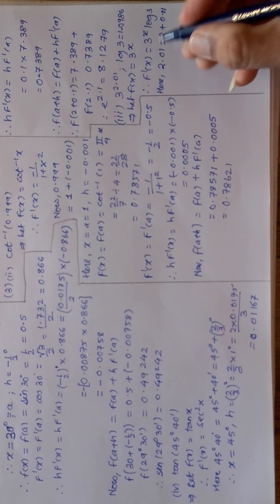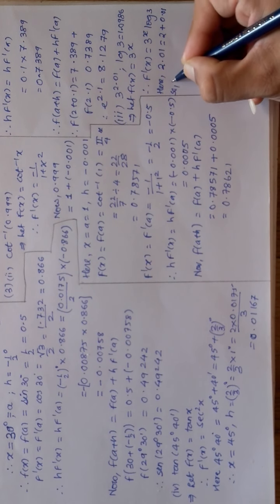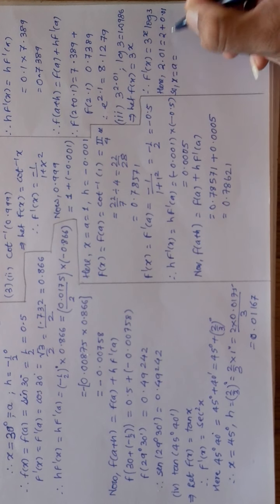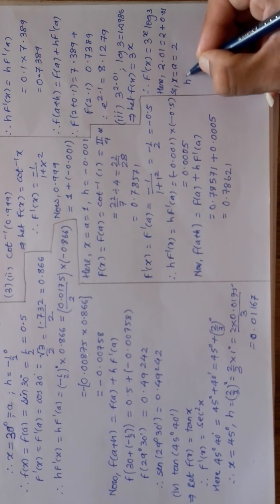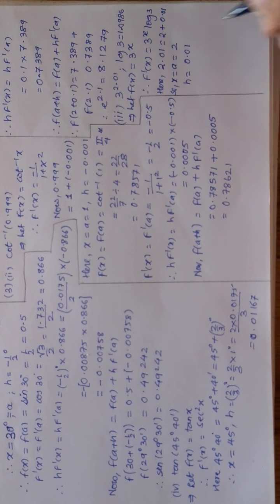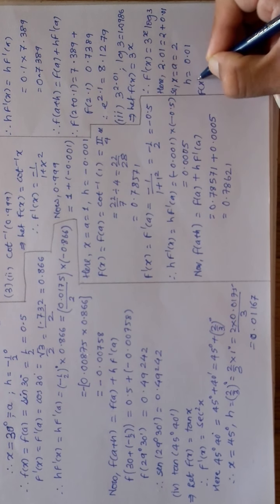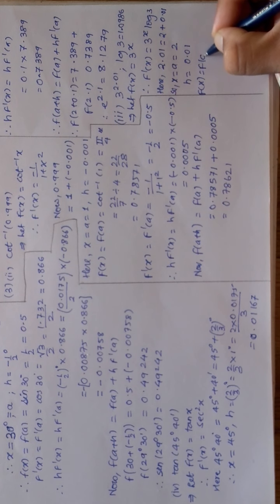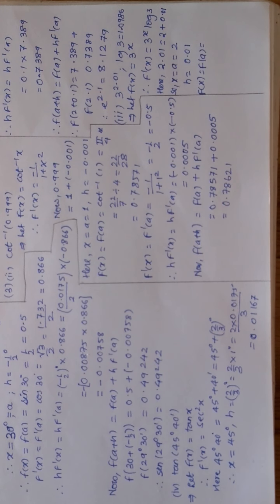So here when you compare, you get x is equal to a is equal to 2 and h is equal to 0.01. So obviously your function of x is equal to function of a, which is nothing but 3 raised to x, that is 3 raised to a, that is 3 square, that is equal to 9.